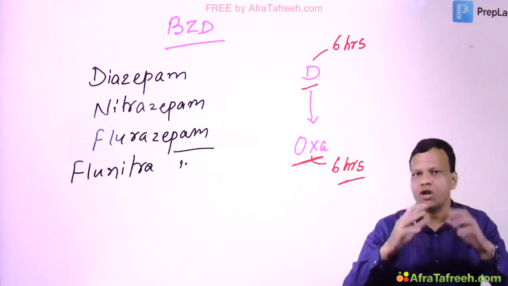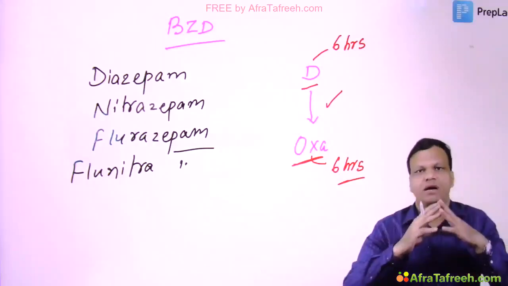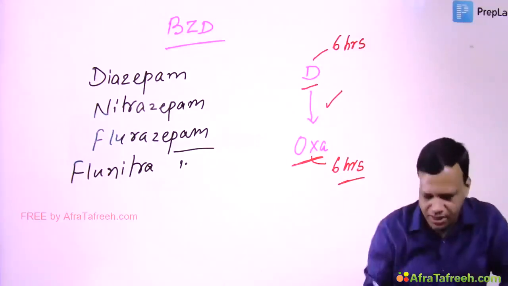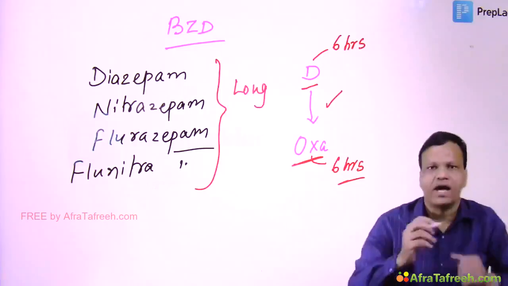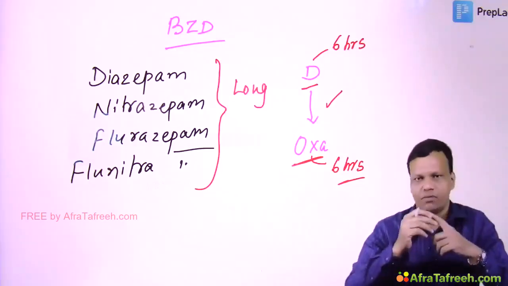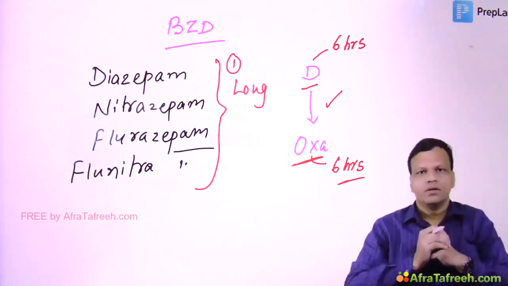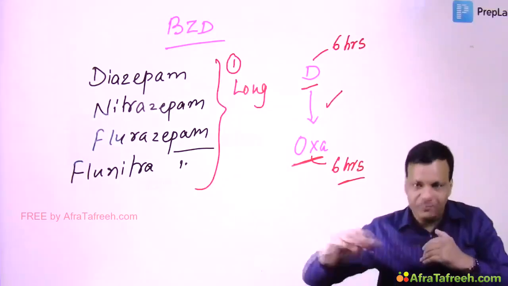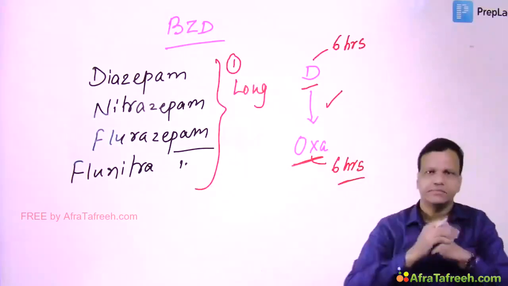They are very long acting. And the reason for the long action is they produce active metabolites. So most benzodiazepines produce active metabolites, so they are very long acting. This is one problem. The second problem is, because they are long acting, the person's brain will contain diazepam or oxazepam or its metabolite for a long period.